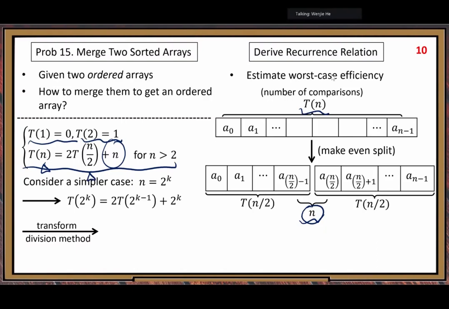So what kind of division method here? Division by 2 to the k. Do this division method, because after this transformation, we can see a special structure here.